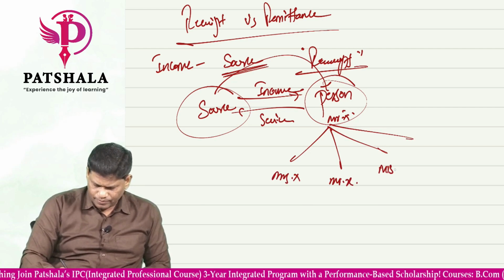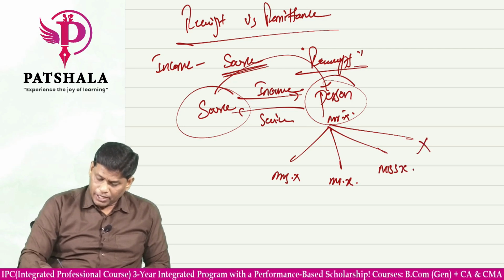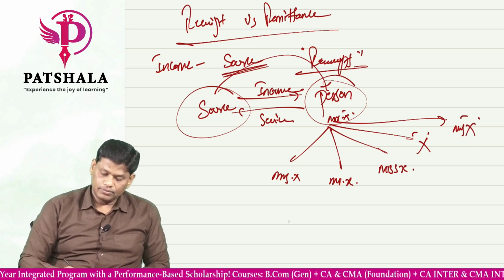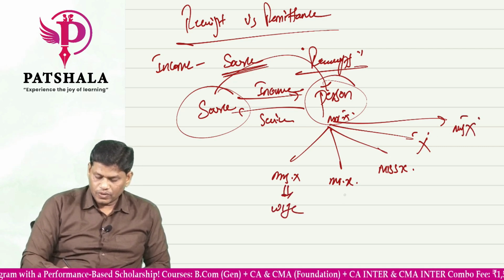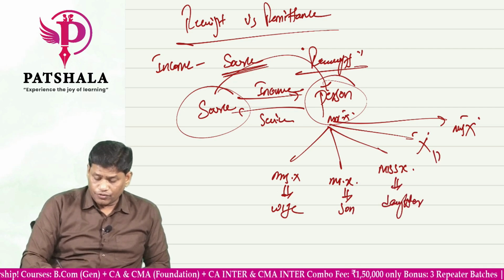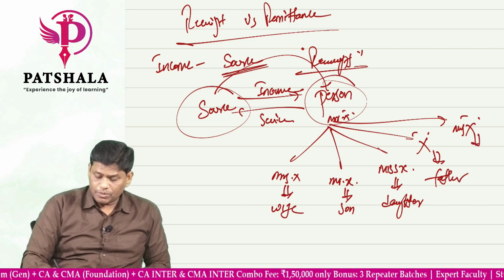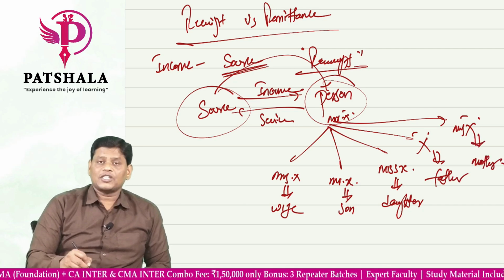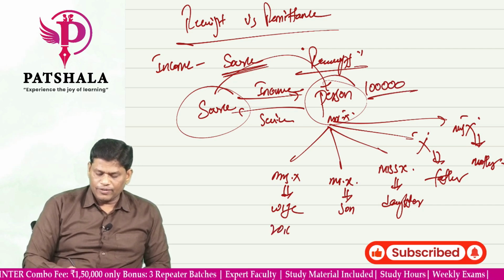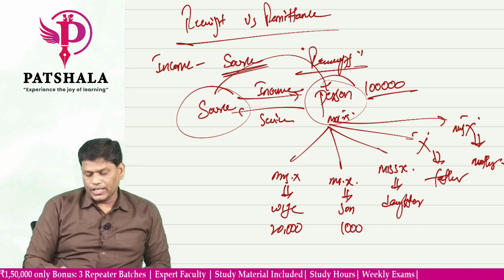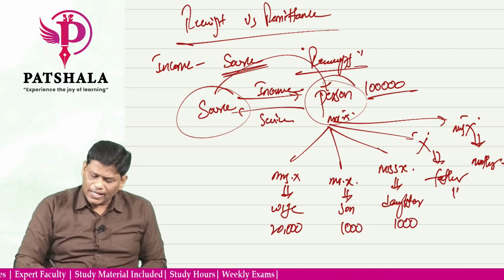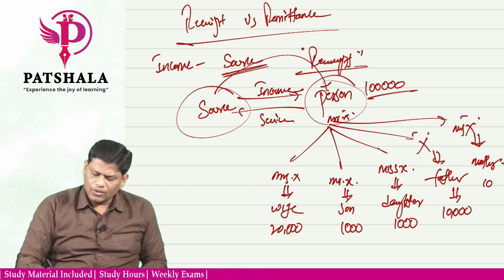Mr. X has given this money to Mrs. X, small x, big X, father, and big Mrs. X, mother. So she is wife, he is son, she is daughter, he is father, she is mother. Now as a responsible person, out of the income of 1 lakh which he has earned, what he did was give the wife 20,000 for household expenses, 1,000 each for son and daughter for pocket money, then father 10,000, mother 10,000.